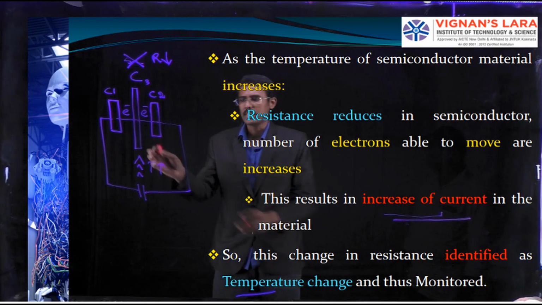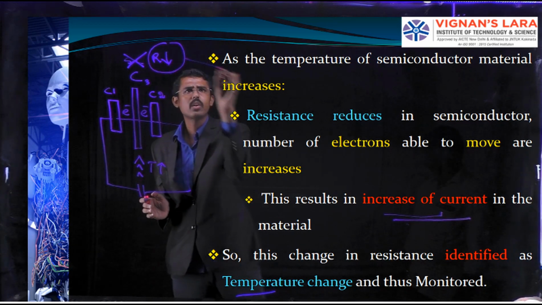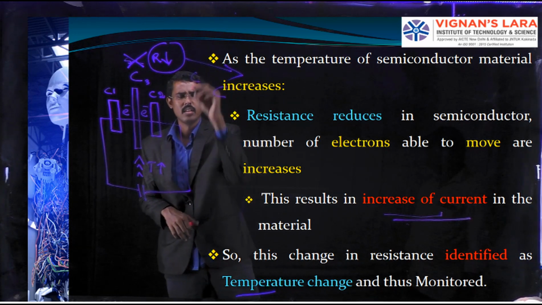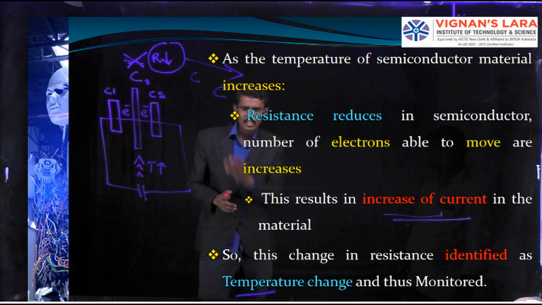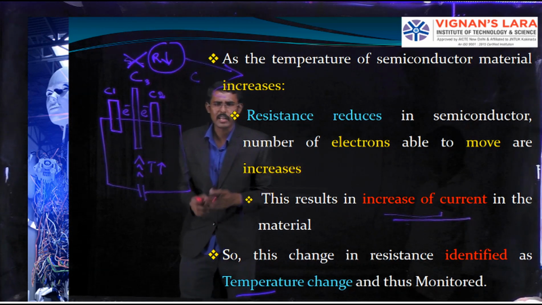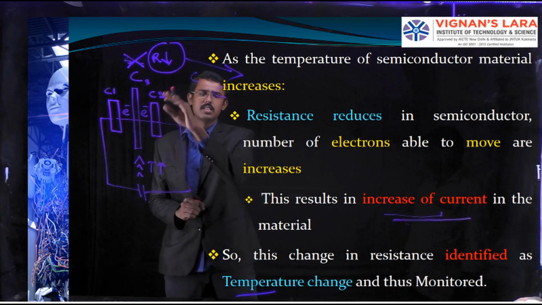So what happens? This resistance is measured. This resistance we are going to measure. This is a calibrated one. So when this resistance change occurs in the system, through the pre-programmed conditions, we are able to measure this resistance change and find the temperature.